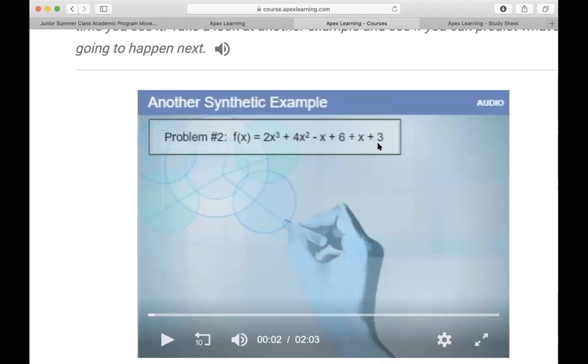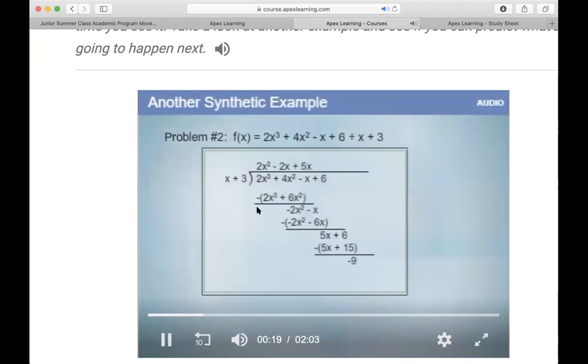Then make sure the divisor is a linear term, so it's got to be x to the 1st power plus or minus some constant. When we do the long division, we can carry that through. We know how to do that.